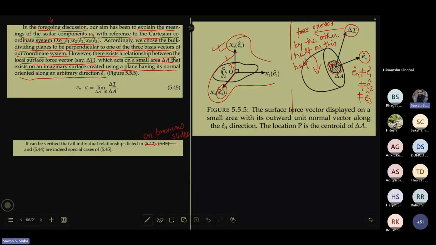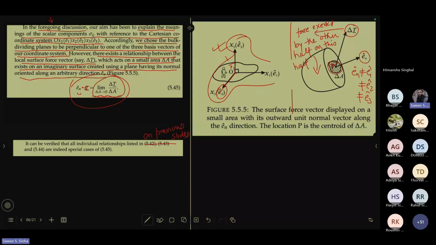There is a relationship between En, delta T and the sigma tensor itself. This is the relationship. You take a dot product of En, this unit normal that I'm showing on the right hand side of the slide, with the sigma tensor itself.